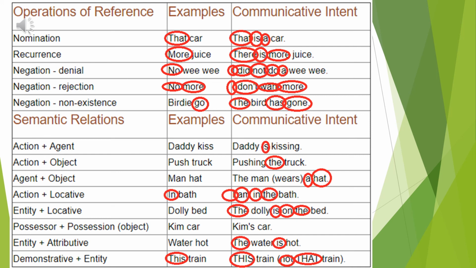When we look at the actual communicative intent, so the meaning behind what our kiddos are trying to say when they put together those two words, we find that once again, the majority of words that are being used are core words. I did the math here, feel free to double check me, but under the communicative intent column, looking at the amount of words that were there and the amount of core words used, it ends up being 60%.